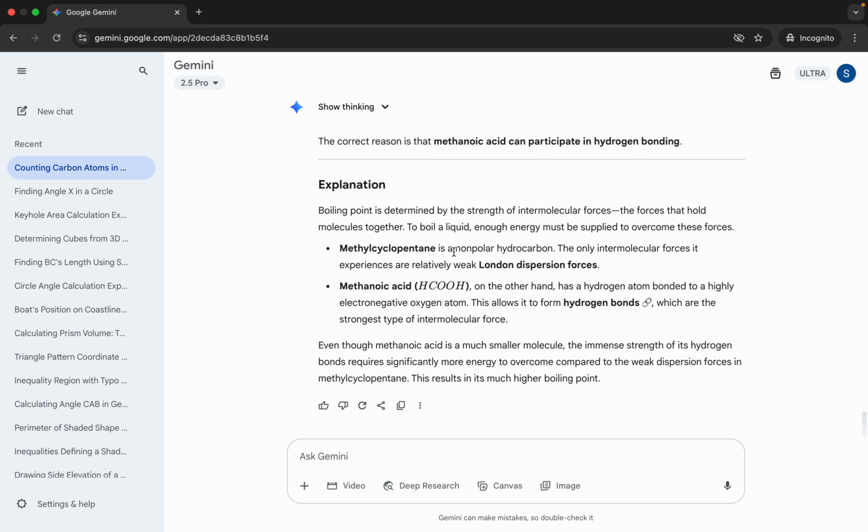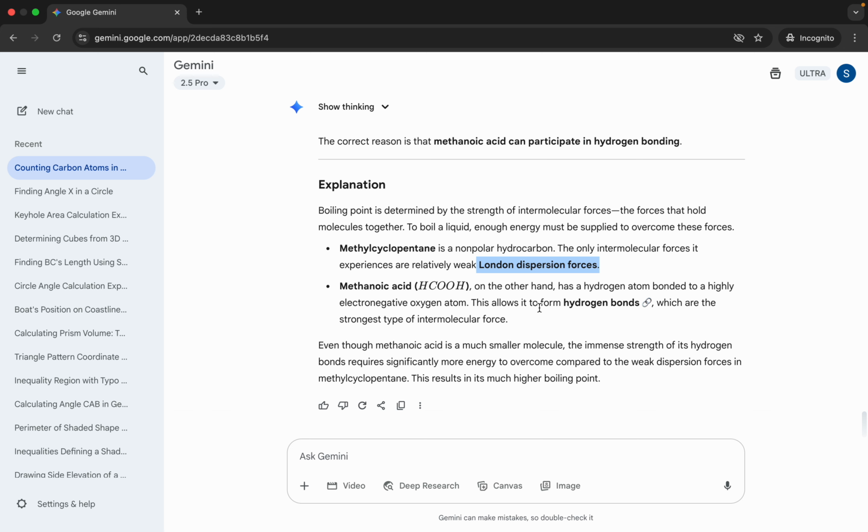Methylcyclopentane is a non-polar hydrocarbon. The only intermolecular forces it experiences are relatively weak London dispersion forces. Next is methanoic acid. On the other hand, it has a hydrogen atom bonded to a highly electronegative oxygen atom.